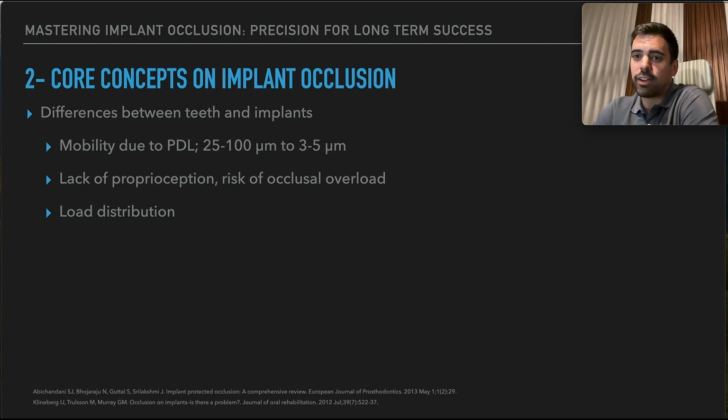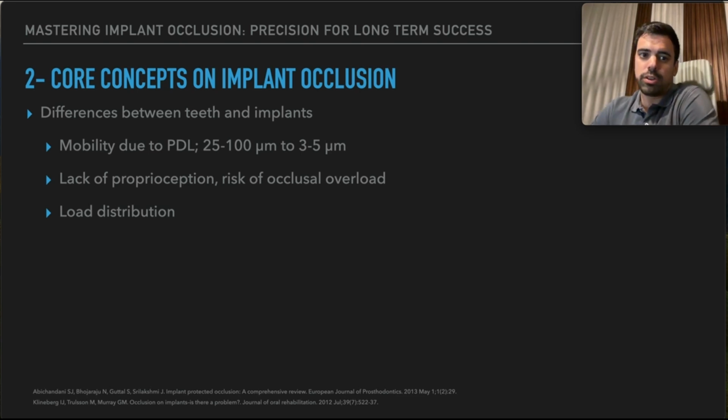And there is a lack of proprioception, so you can't really feel that you're biting. It's been said that you can feel the whole bone, biting against another jaw, but you don't have that proprioception. So you may overload those implants, and sometimes, especially in full arch, they end up biting way harder than with natural teeth.